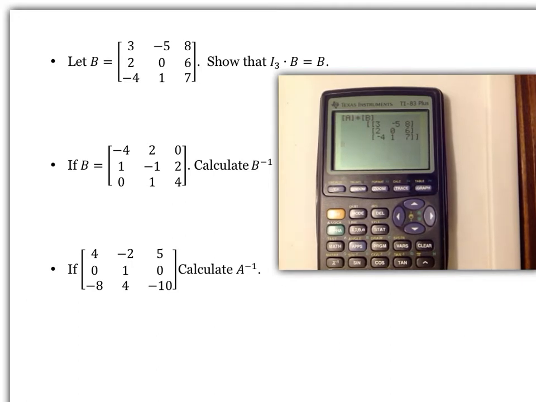The next one asks us to calculate the inverse of B. So we'll go to matrix B here. It's another 3 by 3, and I'm just going to type right over it. And when I want the inverse of this matrix, I go into matrix, I have matrix B here, and I push this button here, x to the negative 1 power.